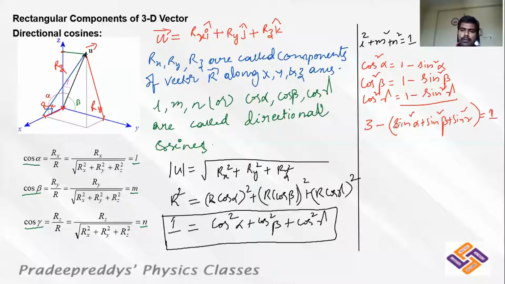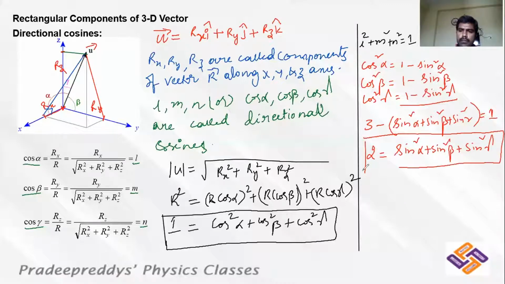Now bring this 1 to the left side and this total term to the other side. 3 minus 1 becomes 2, which is equal to sine square alpha plus sine square beta plus sine square gamma. Right? So 2 is equal to sine square alpha plus sine square beta plus sine square gamma.